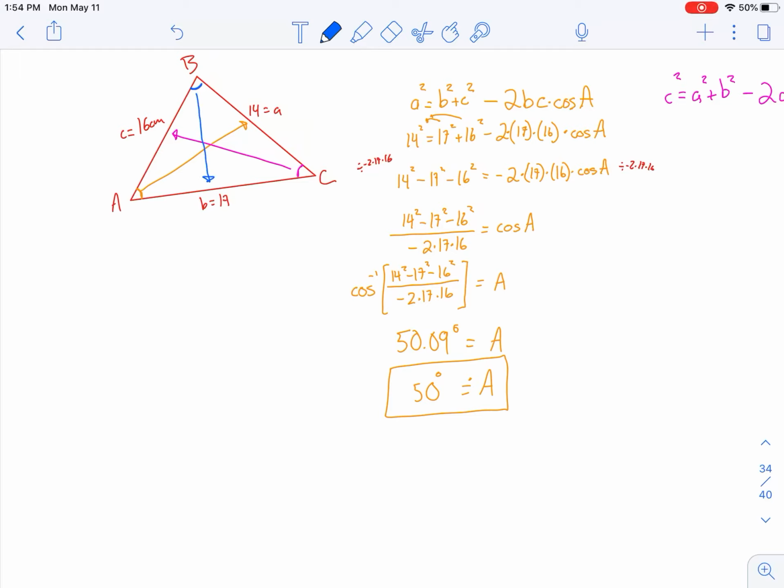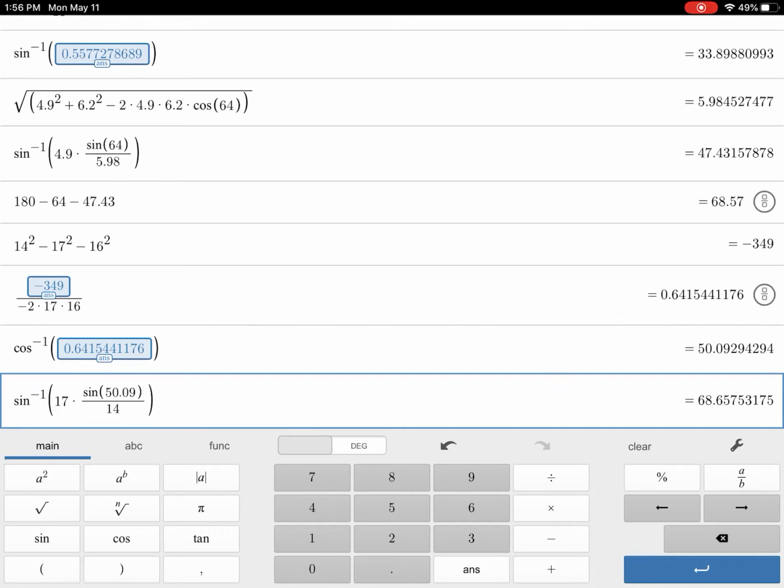Once again, you kind of see on my calculator there, it looks like it's just dividing sine 50.09 by 14, but that 17 is just over 1 and is being multiplied by the numerator. And we get the answer of 68.657 or 68.66.